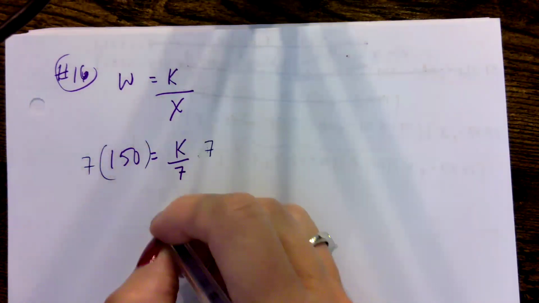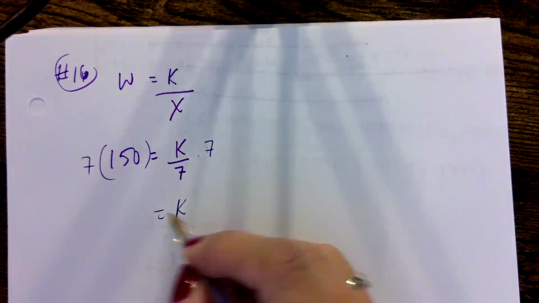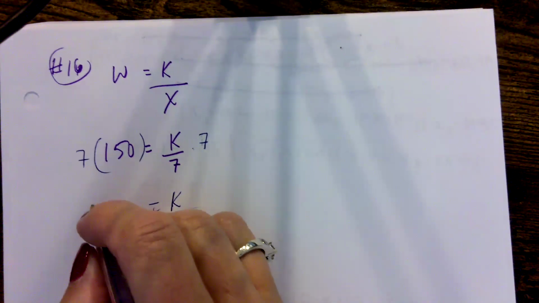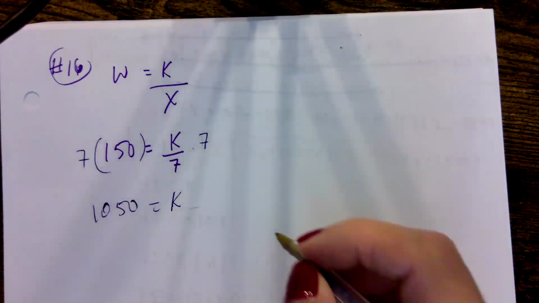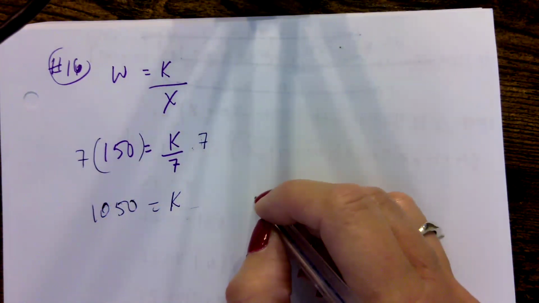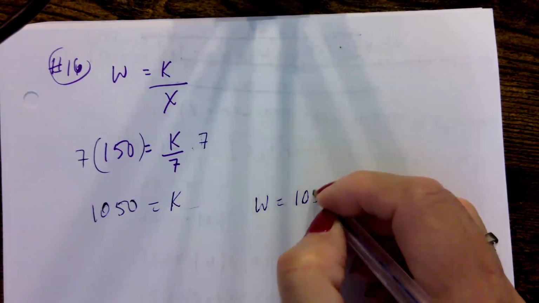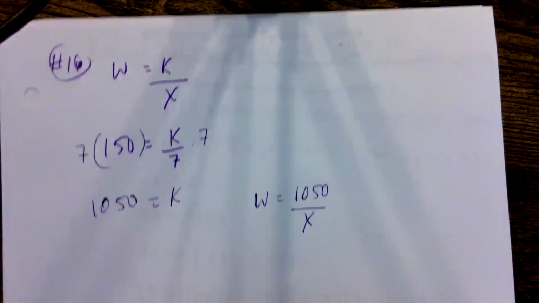So to find out what K is, we have to multiply by 7. So the constant of variation is 1,050. So that means our equation is really this.